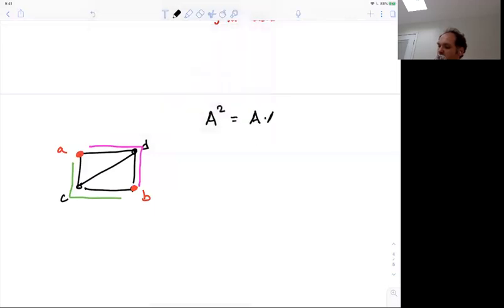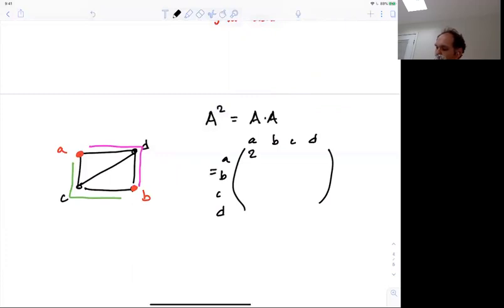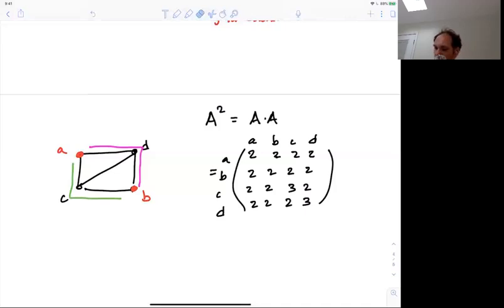And sure enough, if you multiply it out, D to A is 1, and C to B is also 1, and C to A is 1 as well.